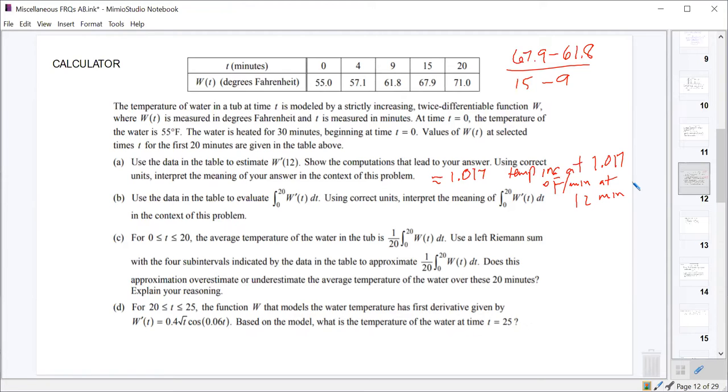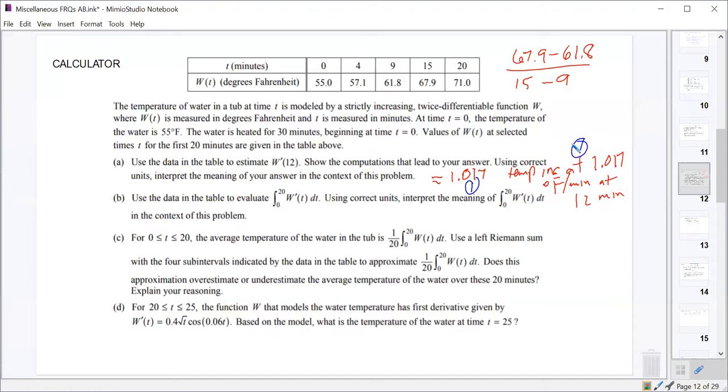Good. That's the instantaneous rate of change of the temperature, or at least an approximation for it at t equals 12. Everybody good with part A? 2 points, 1 for the number, 1 for the explanation with units.